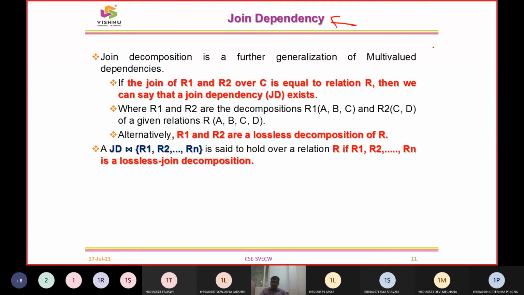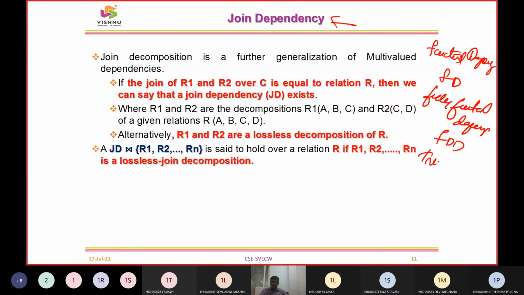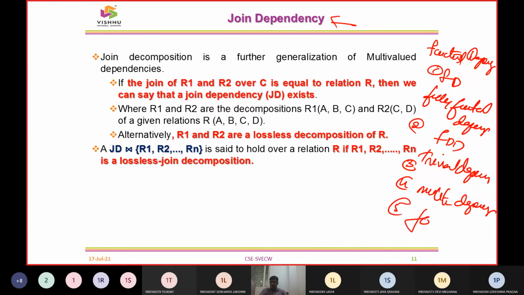So first of all, we have functional dependency, then fully functional dependency, then trivial dependencies, followed by multi-valued dependency, and the fifth one is join dependency.